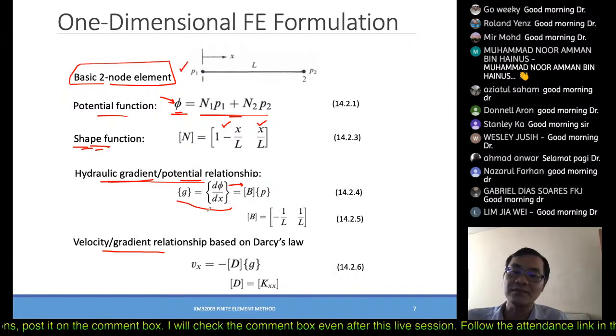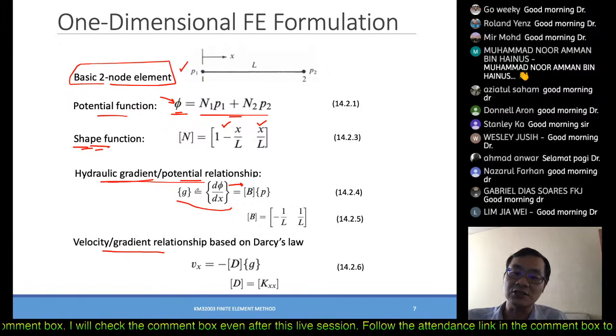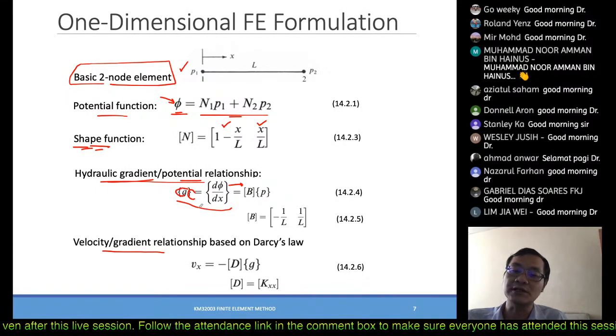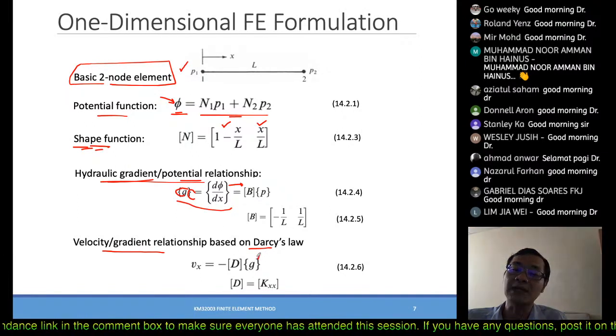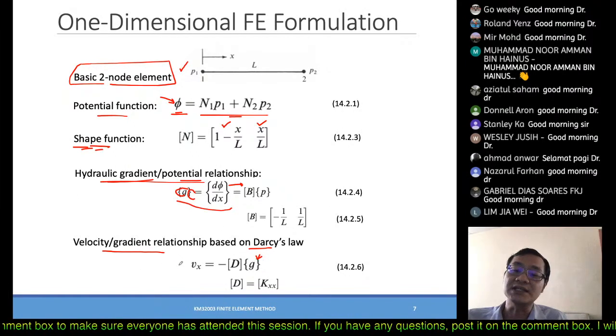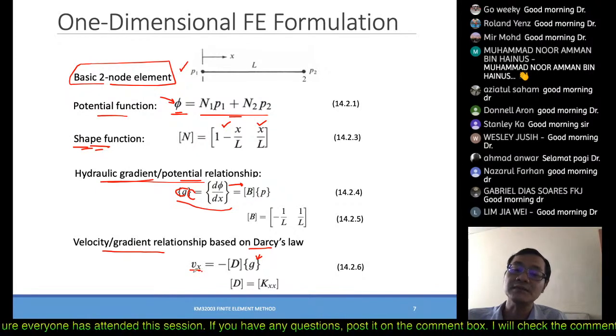So similarly, now once we get this G, the hydraulic gradient, we will use this hydraulic gradient in our Darcy's law to obtain the so-called velocity itself, right?